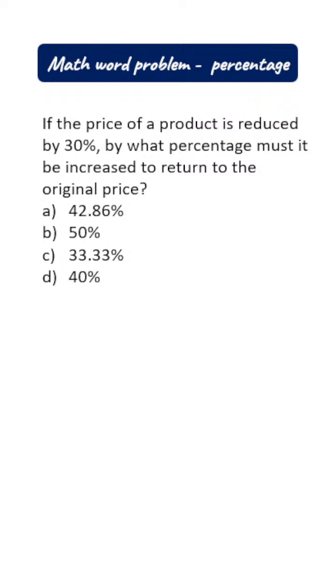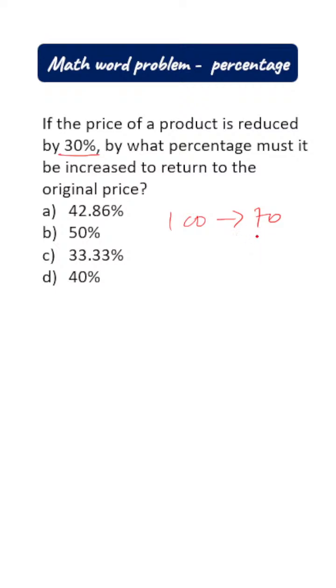If the price of a product is reduced by 30%, by what percent must it be increased to return to the original price? So let's say the price is 100, it reduced to 70.